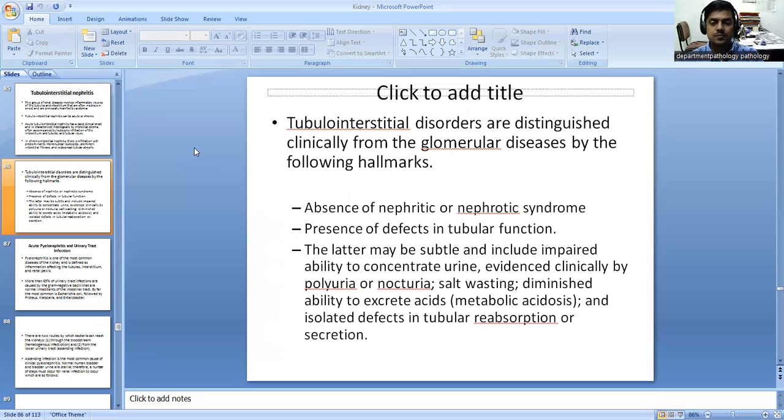The latter may be subtle and include impaired ability to concentrate urine, evidenced clinically by polyuria or nocturia, salt wasting, diminished ability to excrete acids, a condition known as metabolic acidosis, and isolated defects in tubular reabsorption or secretion.